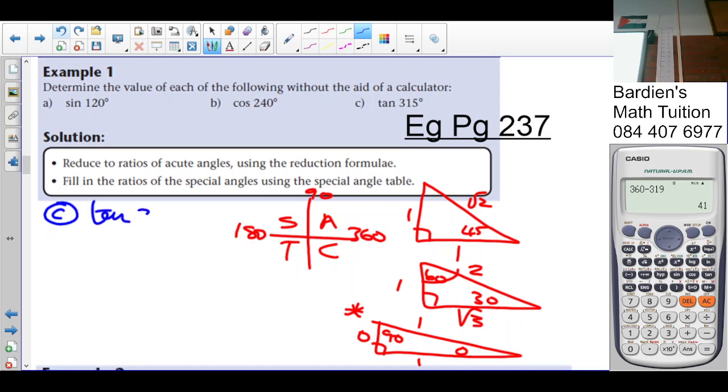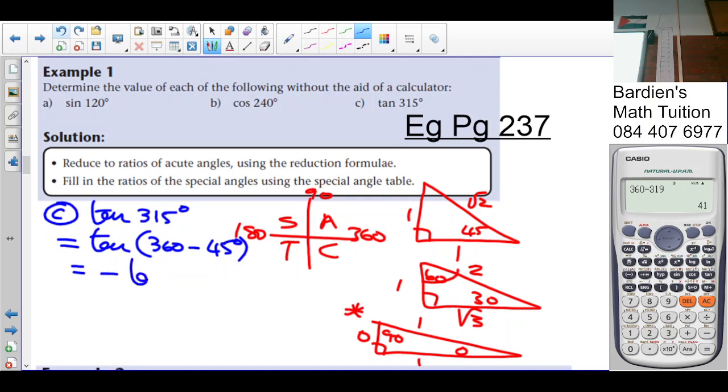Tan of 315. Which quadrant is 315 in? Fourth quadrant. How do we get in the fourth quadrant? 360 minus 45. So 360 minus 45, of course, in the fourth quadrant. Is tan positive or negative in the fourth quadrant? Negative.